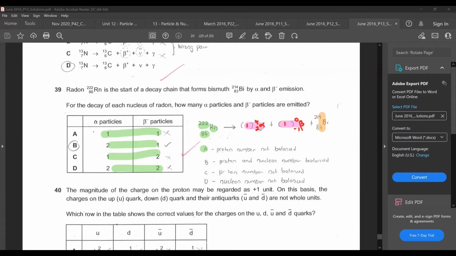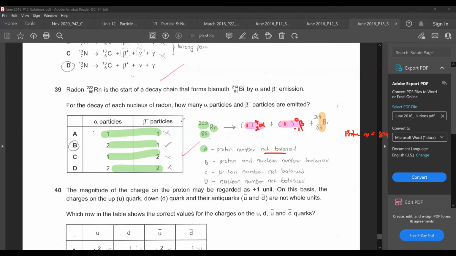So how much is your proton number after the balancing, after you sub in the values? This one is 2, this one is minus 1, and this one is 84. So 2 minus 1 is 1, 1 plus 83 is 84. See, the proton number is not balanced for A.